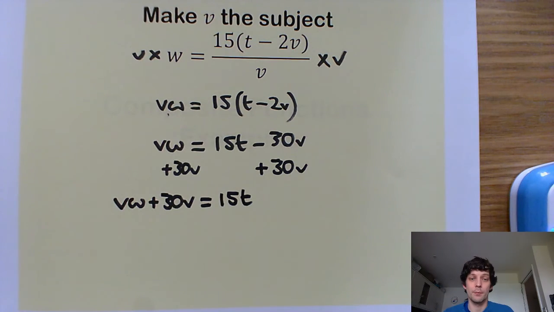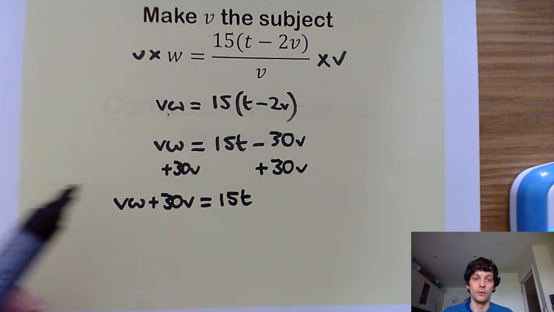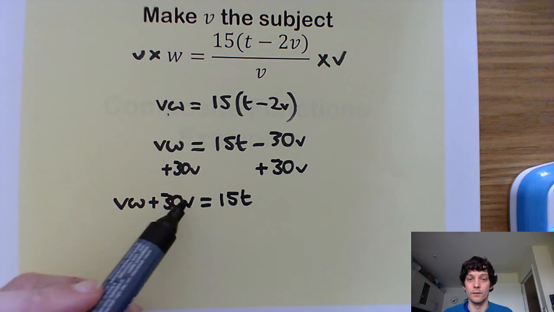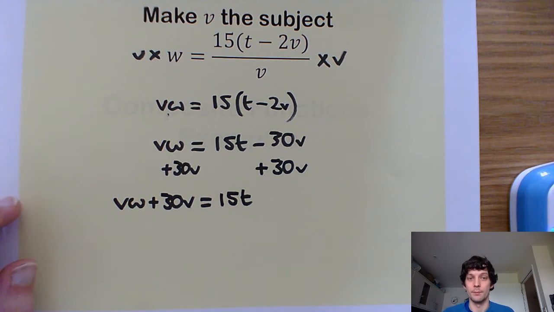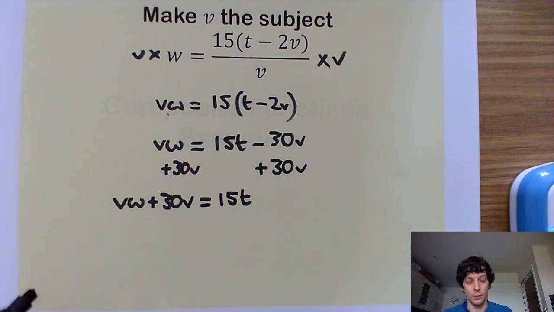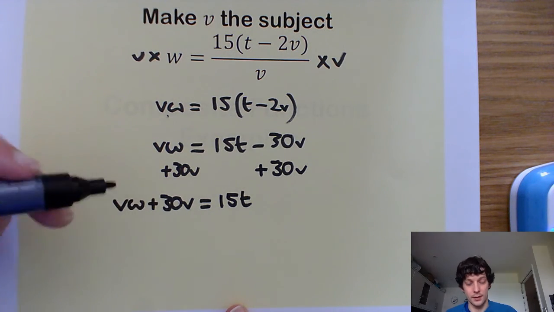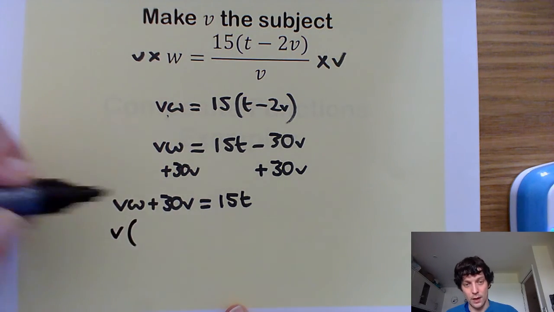What's my next step? Well, to make sure that I've only got v terms on this side, yeah, this has got a v in, this has got a v in, I'm okay with that. Next step after that, I only want the v to be written once. So it's a common factor to these two terms, we factorise.